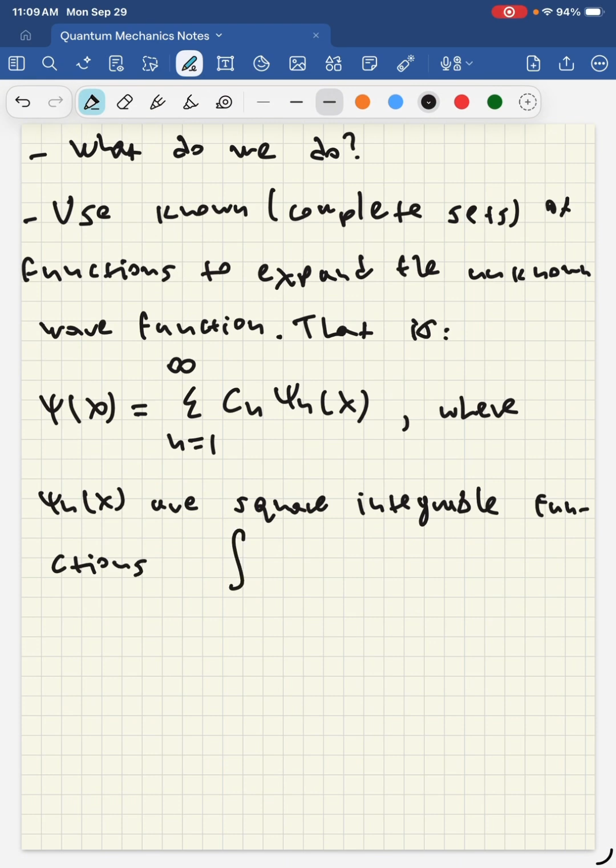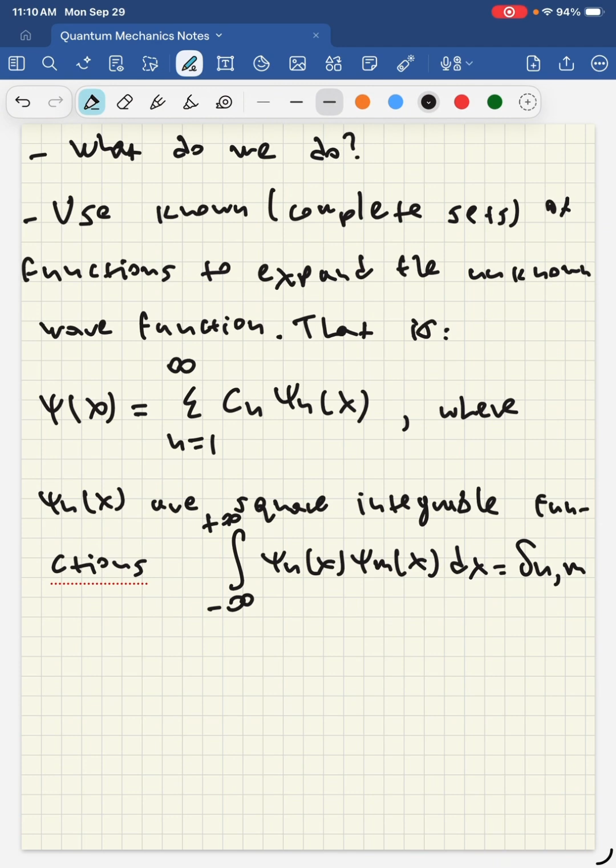Which means that the integral from minus infinity to plus infinity of psi_n of x psi_m of x dx is delta_nm. Okay, so these are orthonormal. Okay, and this integral exists. If they were not square integrable, this integral would be infinite.